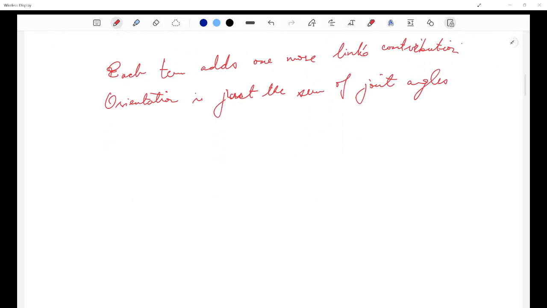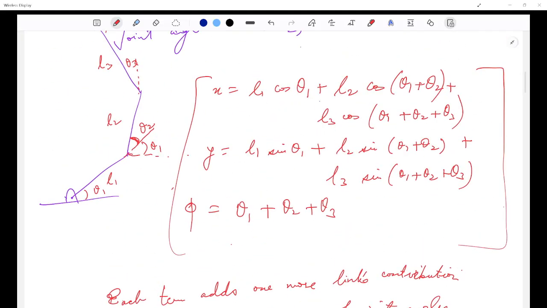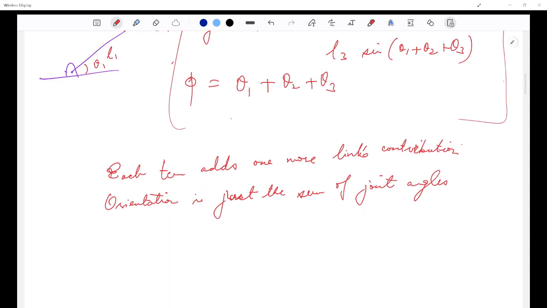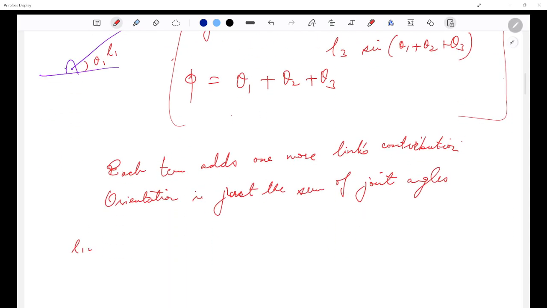So let's do an example. It won't be very conceptual, it would be just doing it for this robot. Let's say L1 and L2 are 1, and L3 is 0.5. I'm doing this because you should practice it, because you might have similar questions coming up in assignments or exams.